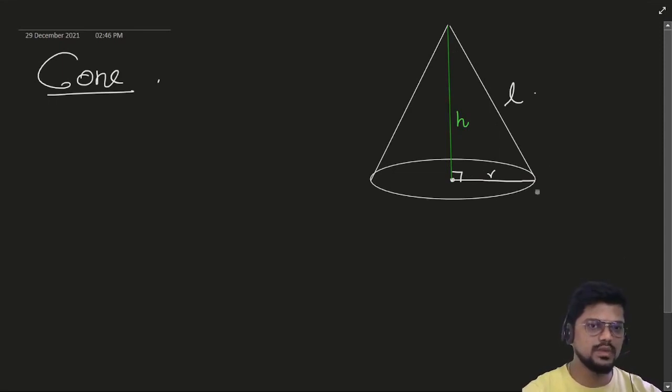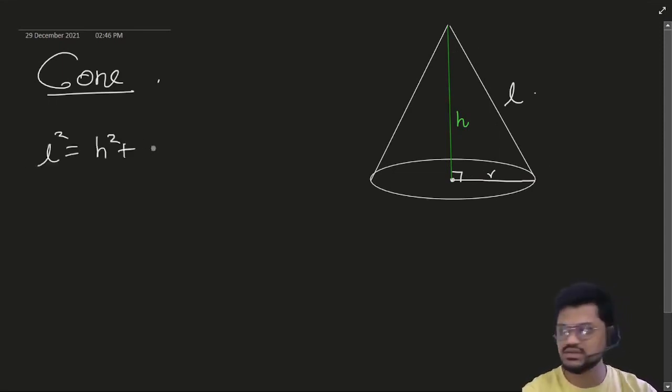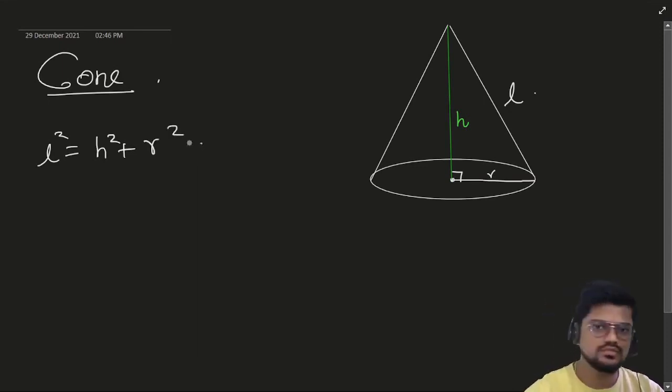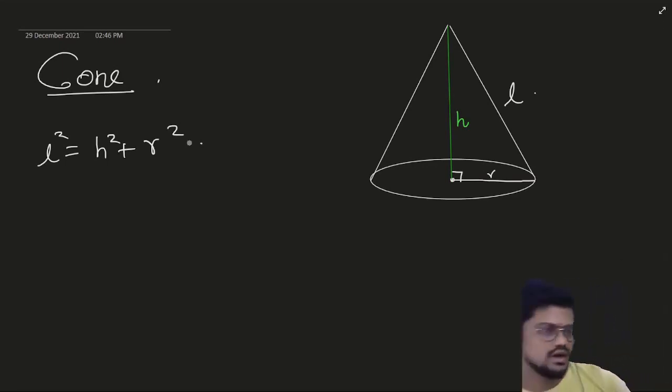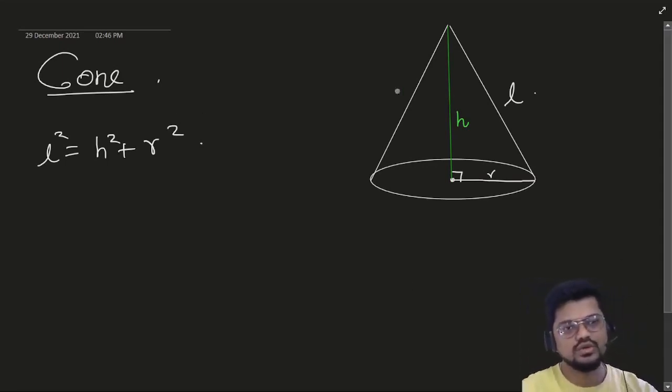Now as we know by Pythagoras, L square equals h square plus r square. This is the relation between the slant height, the height, and the radius.